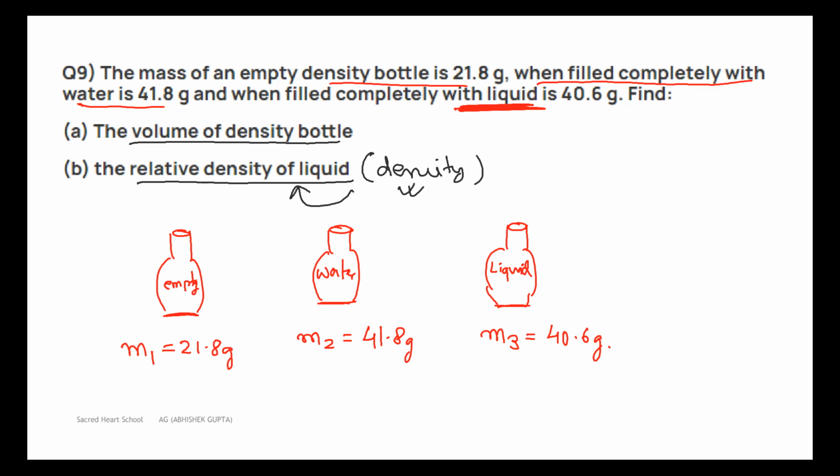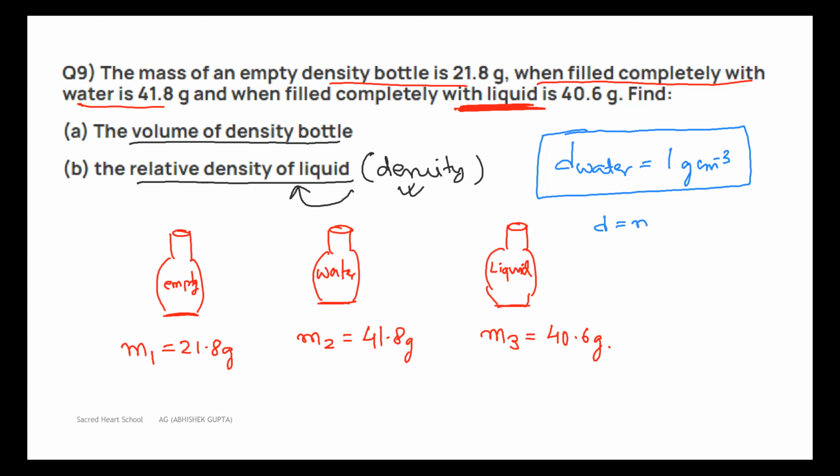Do you remember one important fact? That density of water in CGS unit is actually 1 gram per centimeter cube. Therefore, since density is equal to mass by volume, mass is equal to density into volume. Now, since density is 1, mass will be the same as the volume.